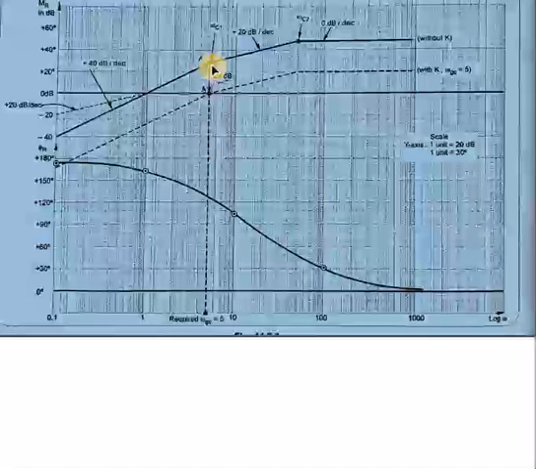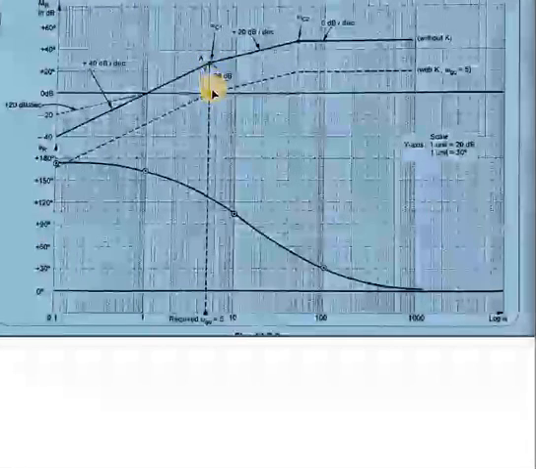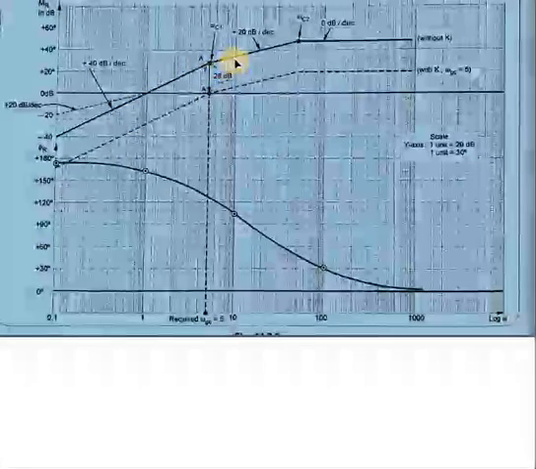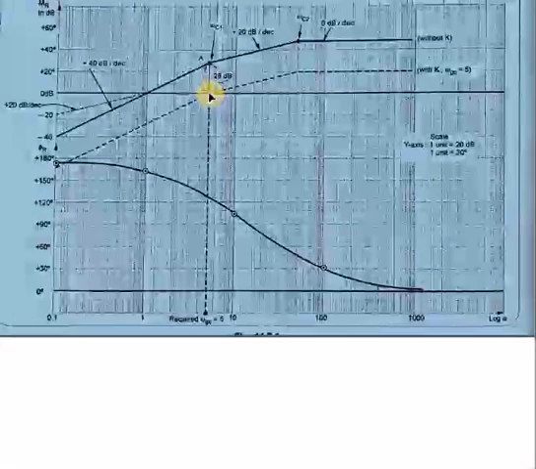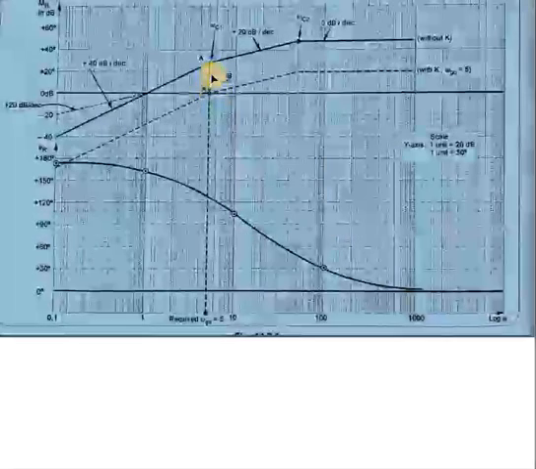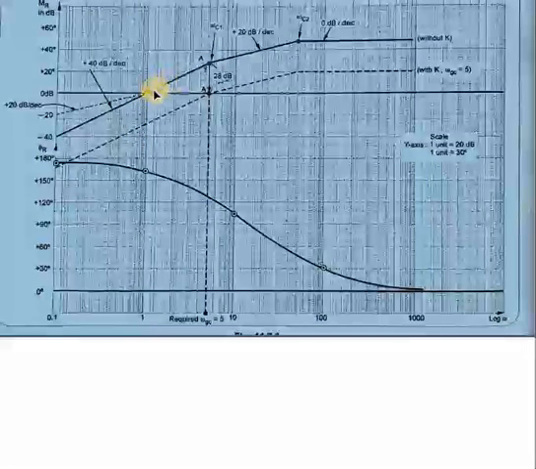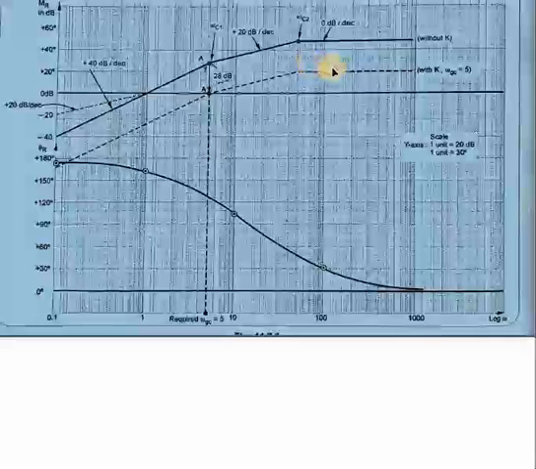That means you need to shift this magnitude plot by a distance of this much, that is by a distance of 20 dB. Okay, so shift this entire plot where it is having intersection with 0 dB line at this point. So for that it is required to shift 20 dB from the existing place. Okay, so when you are shifting, the slope or the inclination should remain same for all the points.